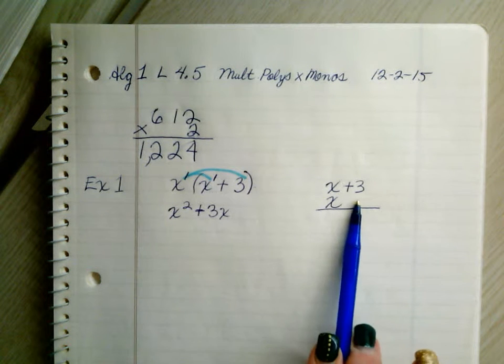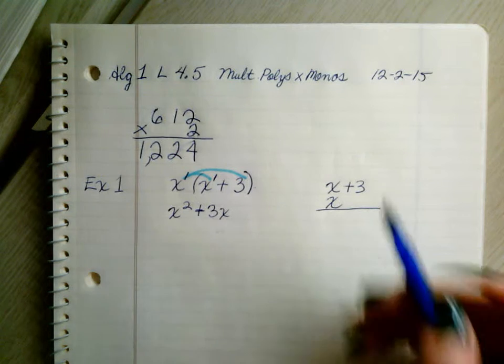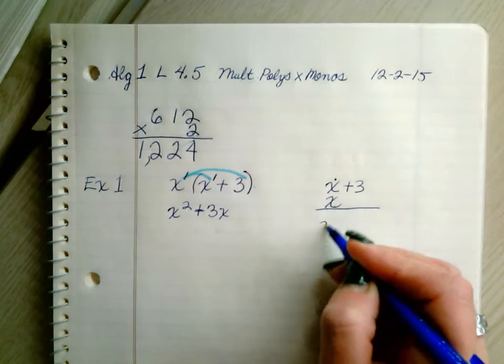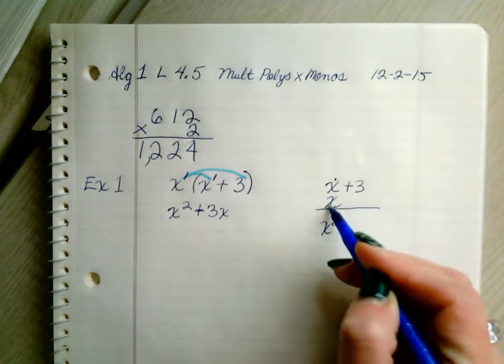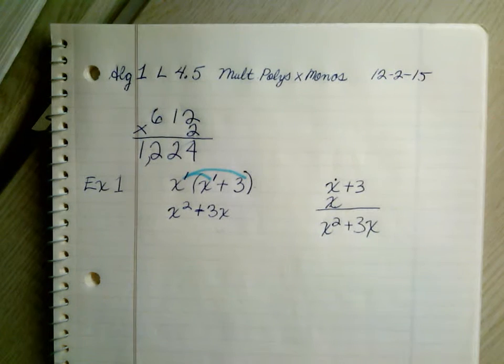You could technically put this under here, but putting it on the left is the more commonly used way. Same kind of thing though. X times x, x squared. X times 3, 3x. And you get the same answer. Either one of these techniques is useful for all of the lesson today.